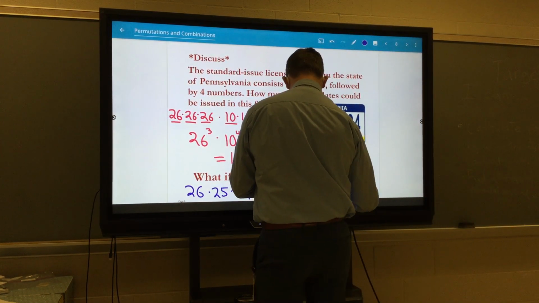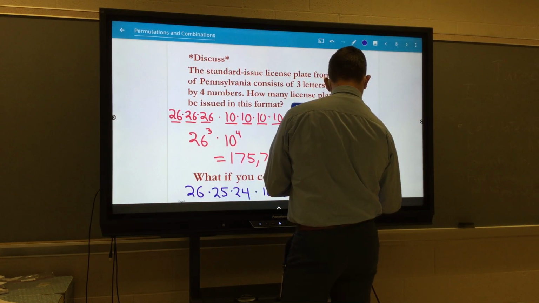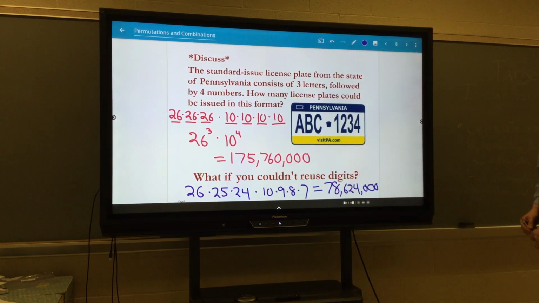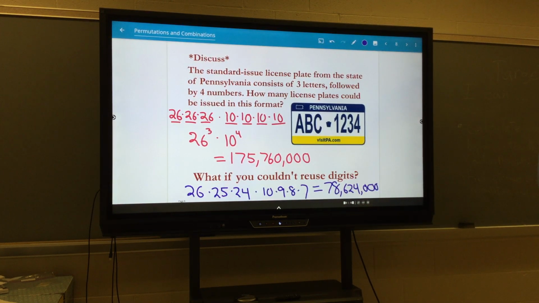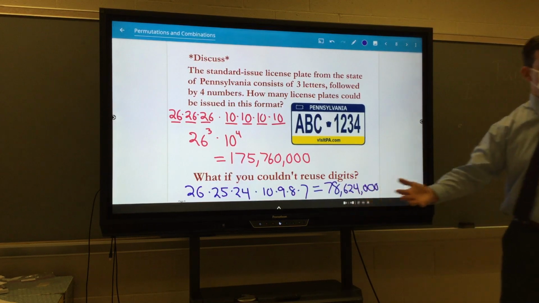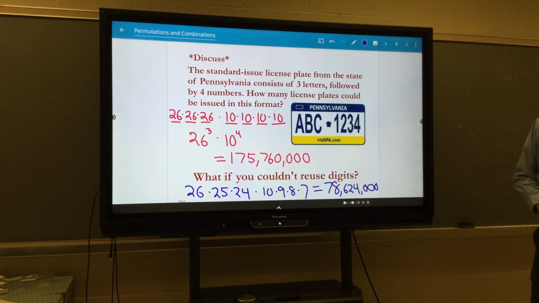We're looking at 78,624,000. So less than half of the number of possibilities if we had these exclusions. Okay? Still a lot, but really not nearly as many when you're not allowed to repeat or reuse digits.